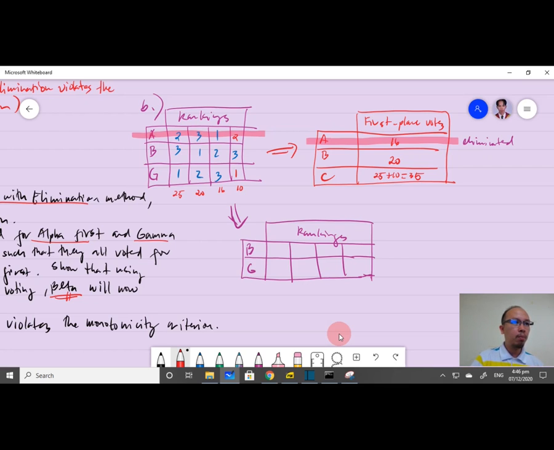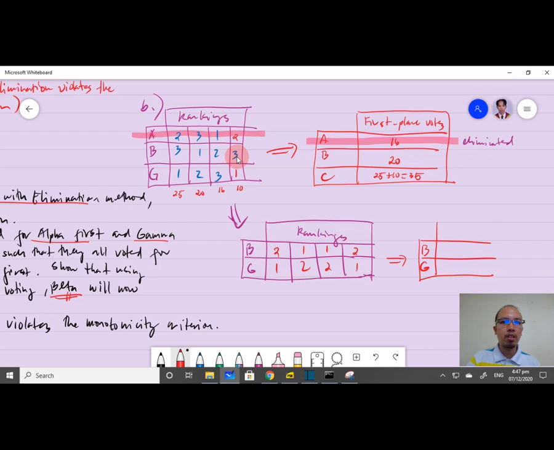Okay, we have 2 1, and here we have the same 1 2. 2 becomes 1, as you can see here, 2 becomes 1 and 3 becomes 2. Okay, so we have 1 2, and here we have 1 is also 1, it will not become 0. 3 becomes 2. Okay, because there are only 2 candidates, 2 1. So who's the winner?